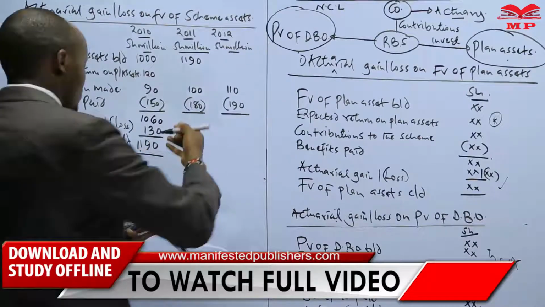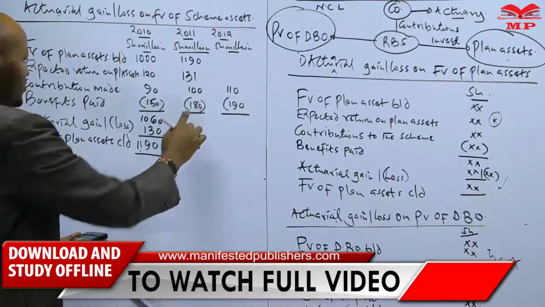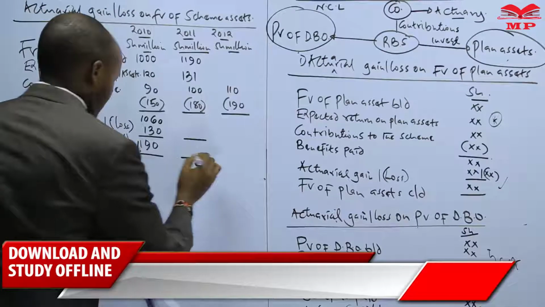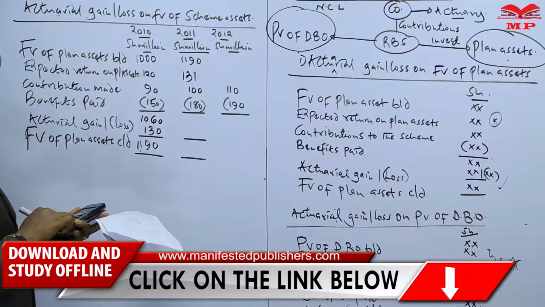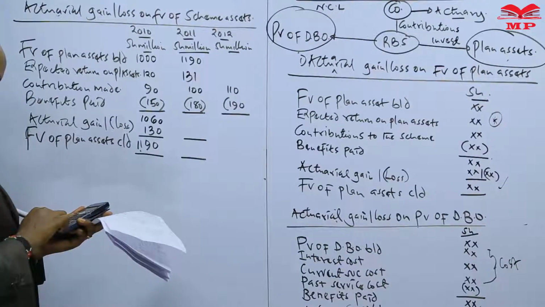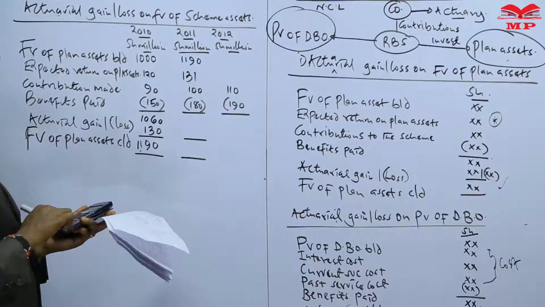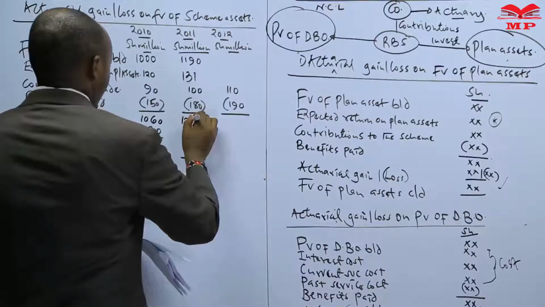That gives us, to the nearest whole number, 131. We then compute 1,190 plus 131 plus 100 minus 180. That will give us 1,241.